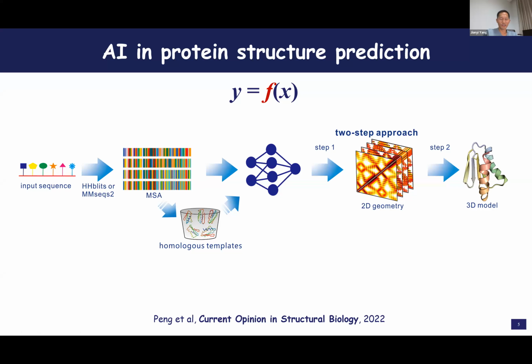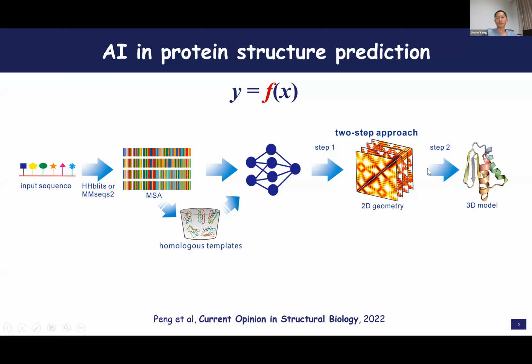Unfortunately, 4 or 5 years ago this seemed to be difficult. So people tried to break the problem down and make it easier. I call this a two-step approach. The network does not predict the 3D structure, but just a 2D image, which is a simple representation of the 3D structure.